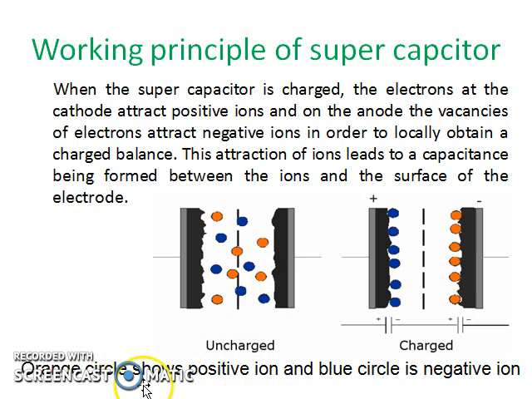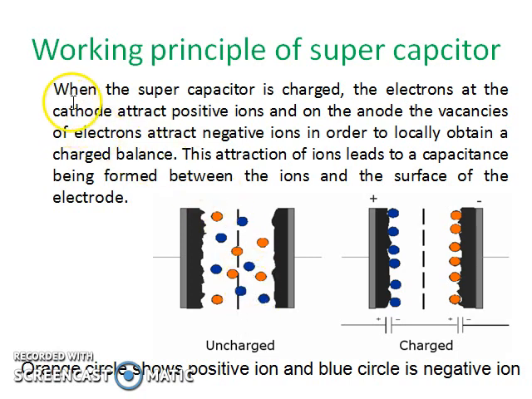Here the orange circle shows the positive ion, and the blue circle is considered as a negative ion, and the dotted line shows the dielectric material, similar to an ordinary capacitor.